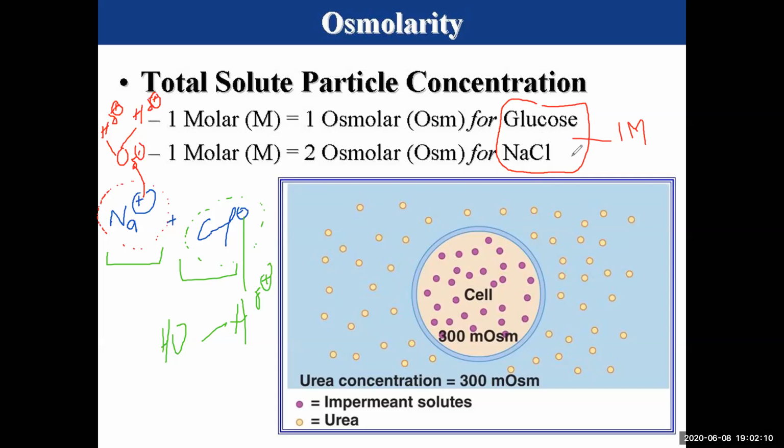When you put that in solution, it becomes 3 osmolar, because you have 1 osmol from glucose, 1 osmol from Na plus, and 1 osmol from Cl minus. Right, so that's the concept between molarity and osmolarity.